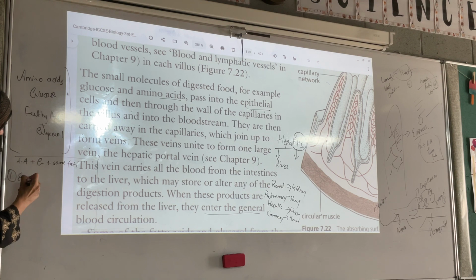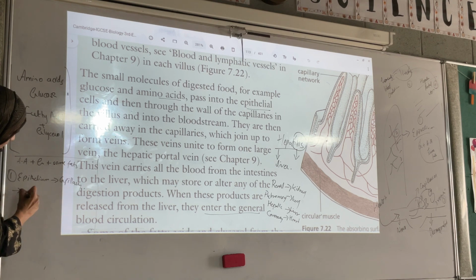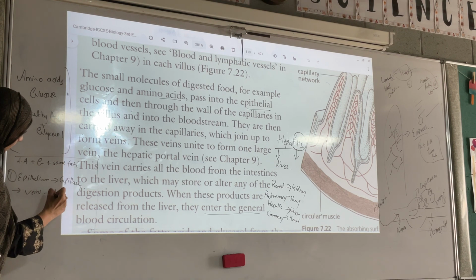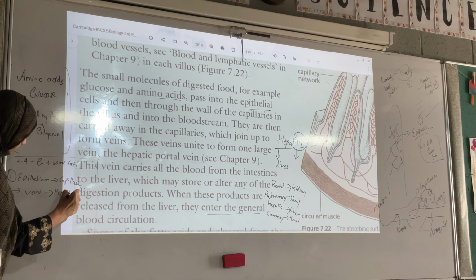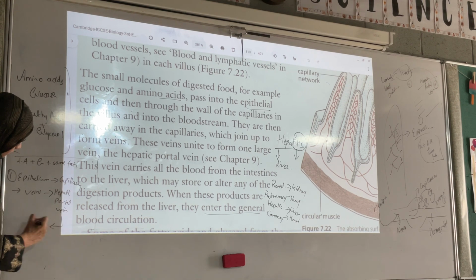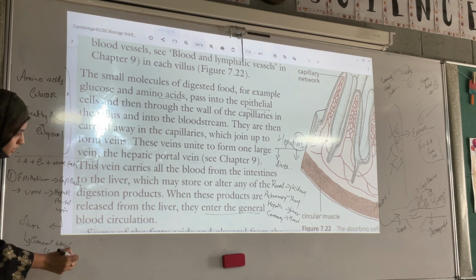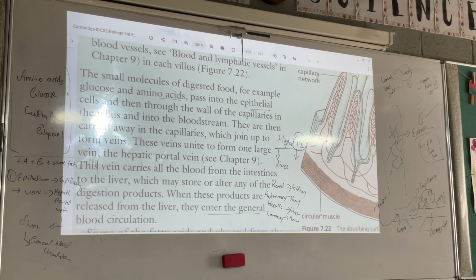First epithelium, then capillaries, then veins, then hepatic portal vein, then liver, then lastly general blood circulation. The purpose is to reach the blood. Understand, right? Okay.